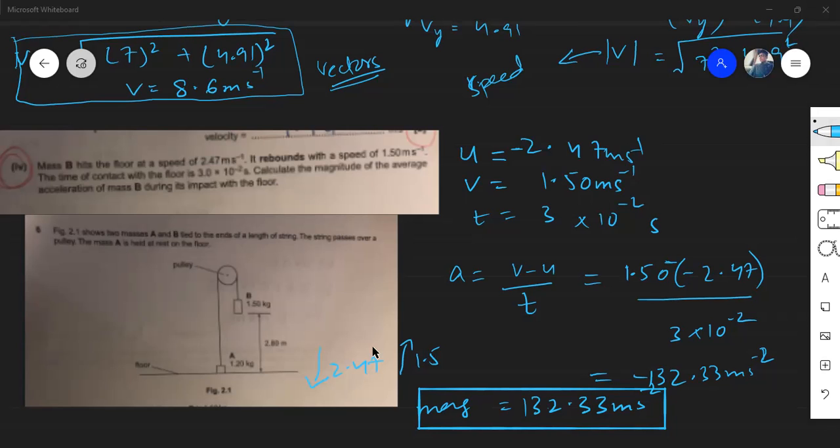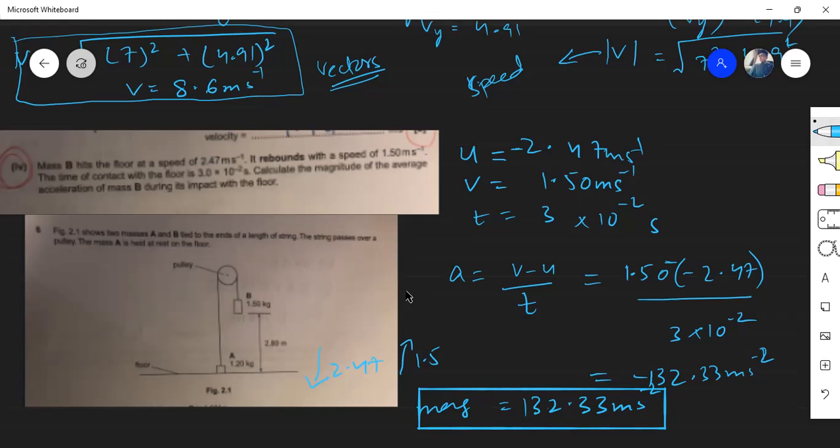Actually, as an exercise, consider down to be positive and up to be negative, and see that here I got the answer of positive 132.33. You'll just get negative 132.33 because you just reversed the directions of everything, but the magnitude will still be the same. So are both answers still right?